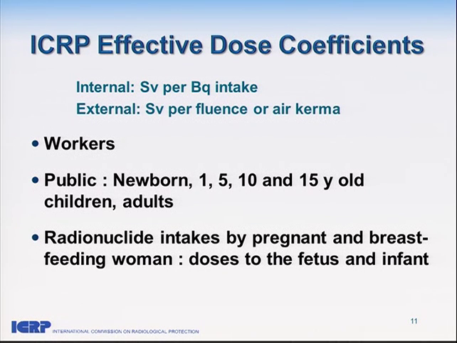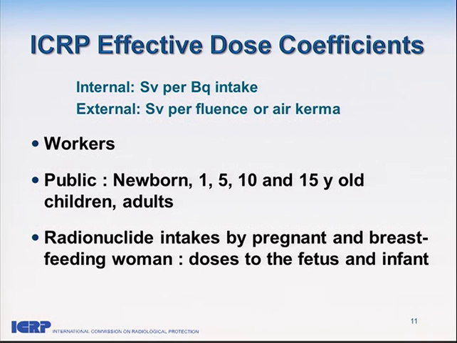Moving on to the second issue, which is this issue of calculating effective dose for different age groups. ICRP, as we've already heard, calculates dose coefficients for different age groups, children beginning with newborn up to 15-year-old, and also doses to the fetus and breastfeeding infant following intakes of radionuclides by the mother.